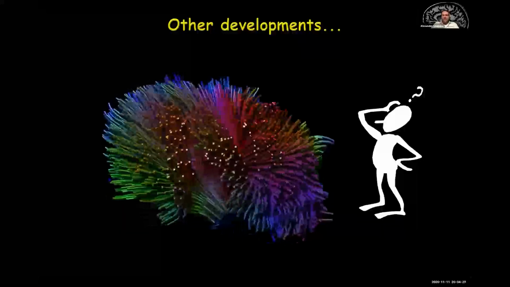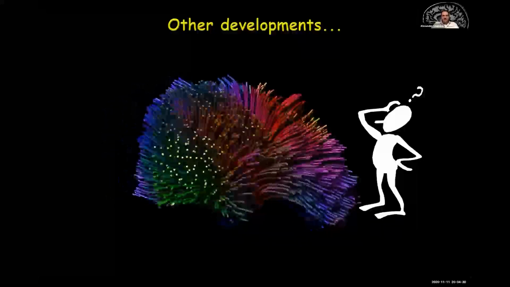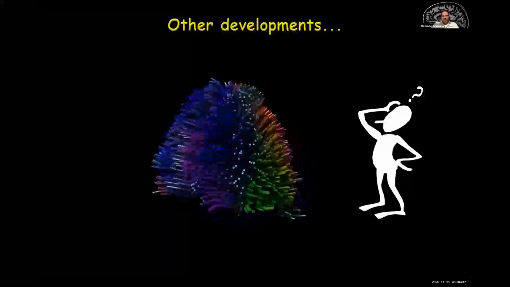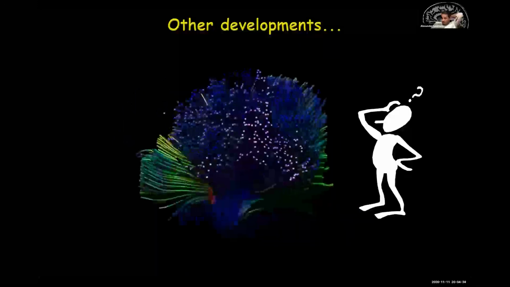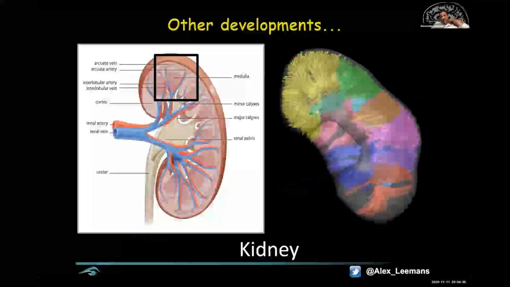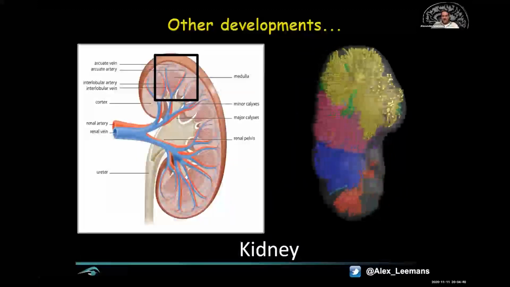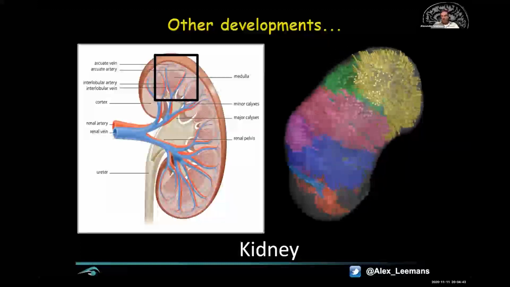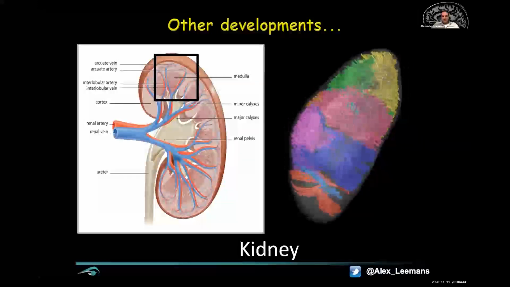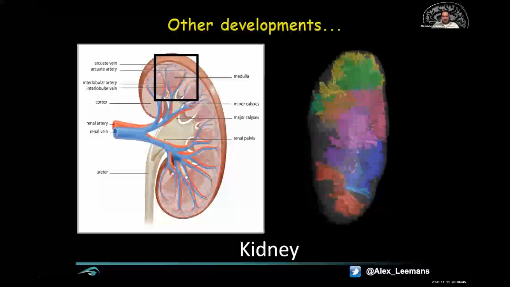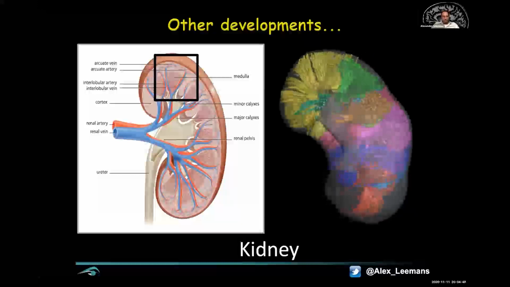Take a few seconds to think what this could be. Well, it's not part of the brain. It's not even a nerve. It's actually part of the kidney. These are the medullae of the kidney. And so, people are also very interested in looking at that, from that point of view, from urology, how the different medullae work and looking at properties.